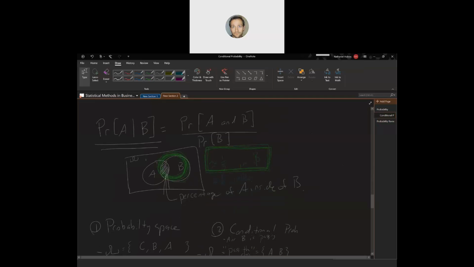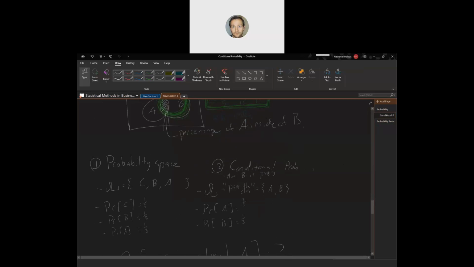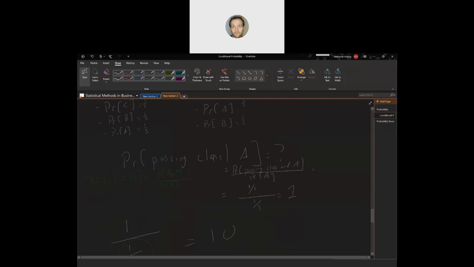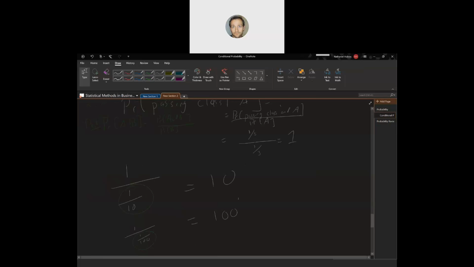Another way to intuitively think about the meaning of a conditional probability is it's the percentage of A that's inside of B. This is just another example of conditional probability. This I brought up before about a number on the bottom getting smaller, making the whole thing get bigger.